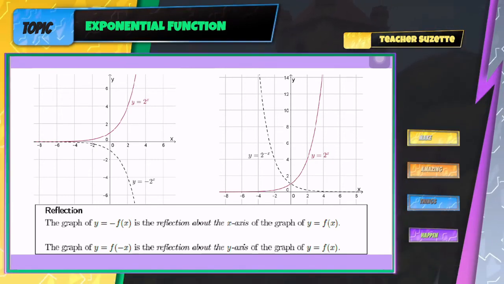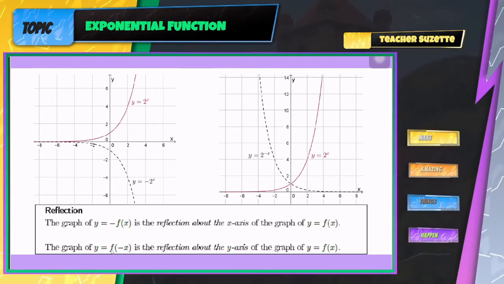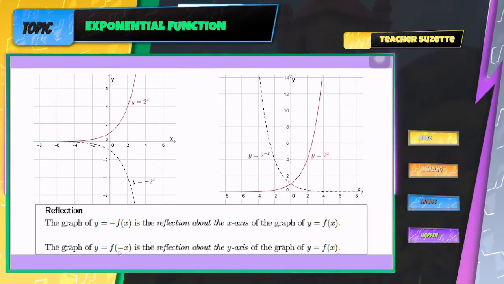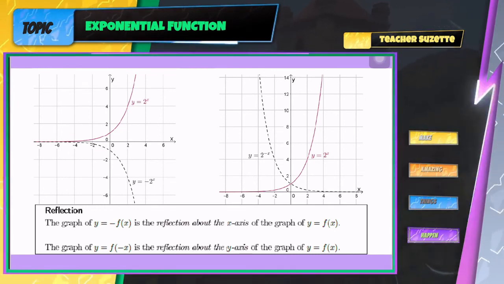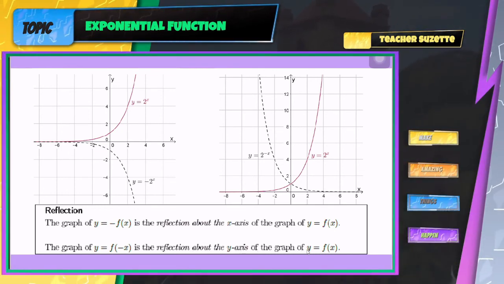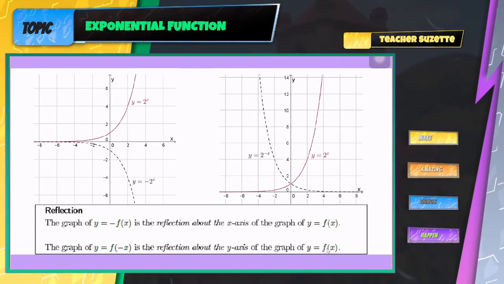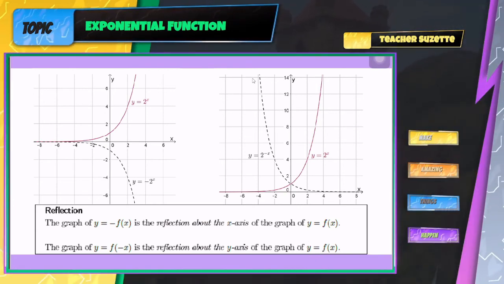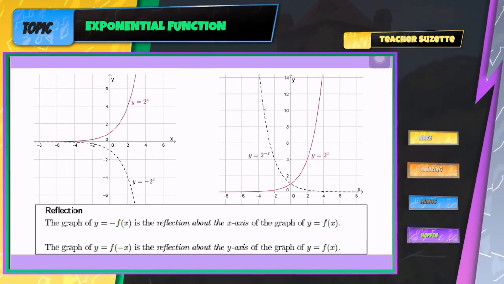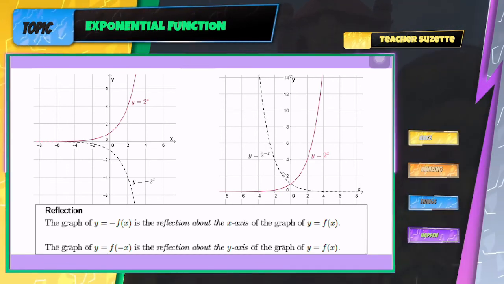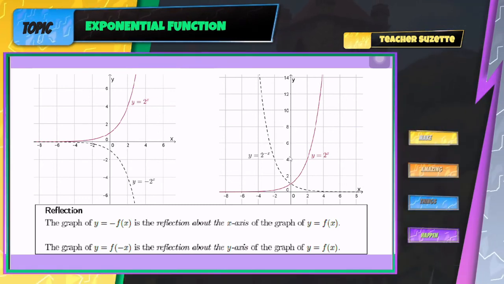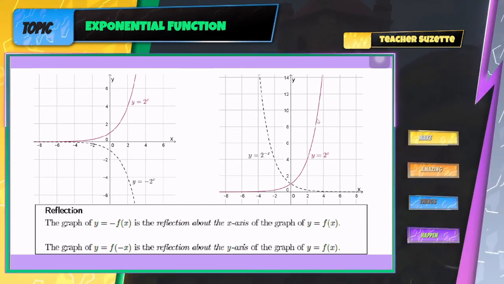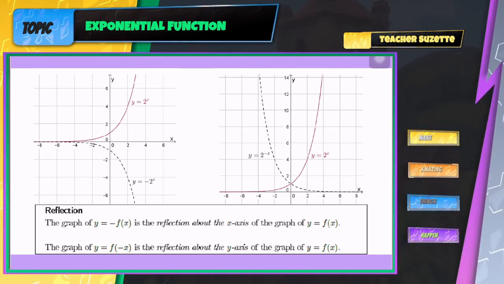Next, the graph of y is equal to f of negative x is the reflection about the y-axis of the graph y is equal to f of x. So, for this, you have your graph of y is equal to 2 raised to negative x, the reflection about the y-axis of the graph y is equal to f of x.